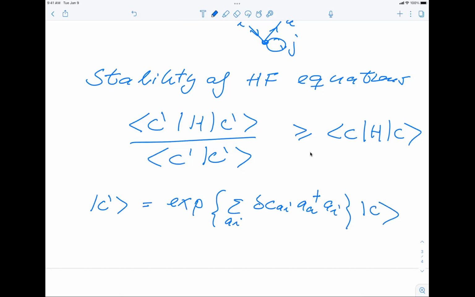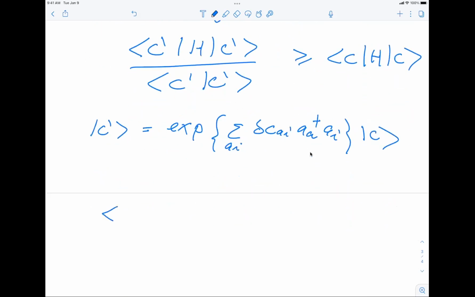If we now look at the denominator, we are going to truncate this denominator at a term which goes like delta C squared. So the principle is just a truncation. We would get that one as a sum over AI, and then we are going to have a delta C_AI squared, and then we leave out higher order terms.